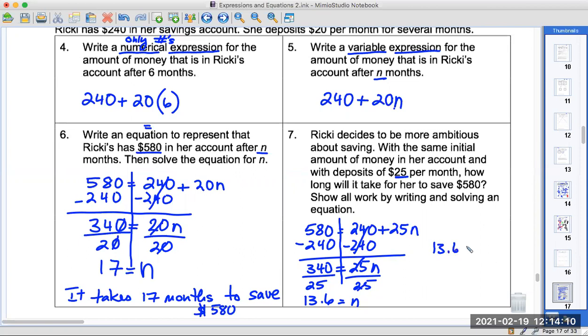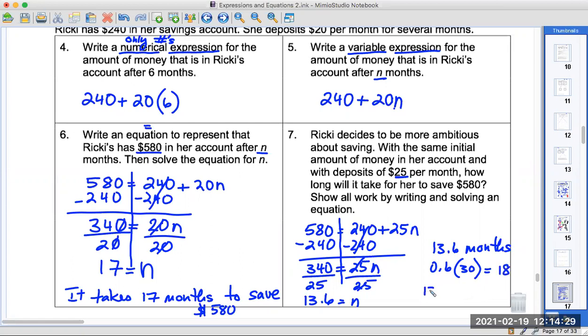So I want to show you how to change this. It takes 13.6. So take the 0.6 and multiply it by 30 days, because there's 30 days in a month, which is 18.